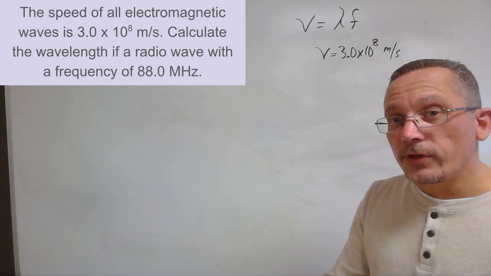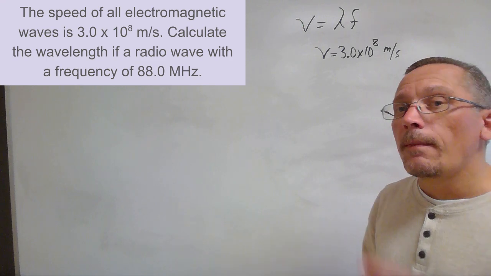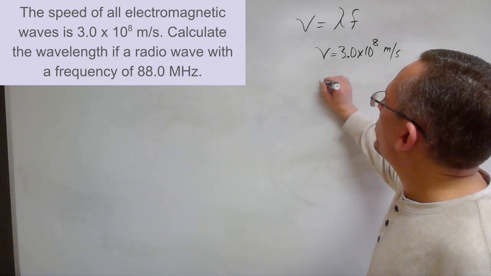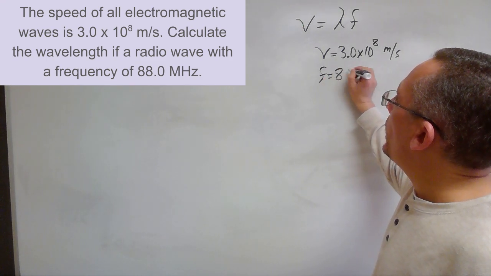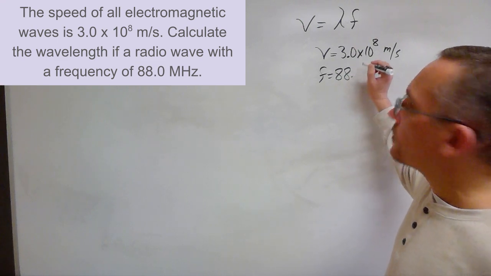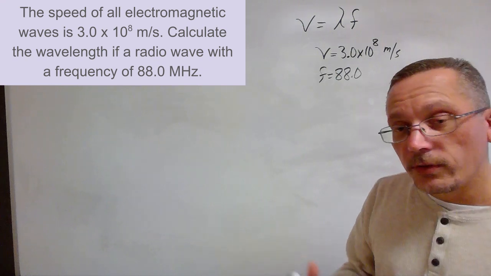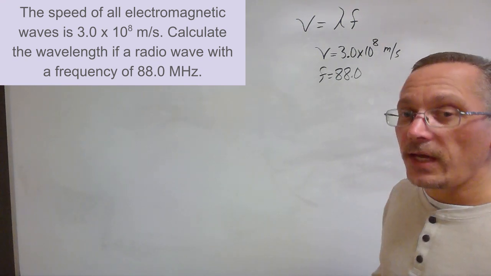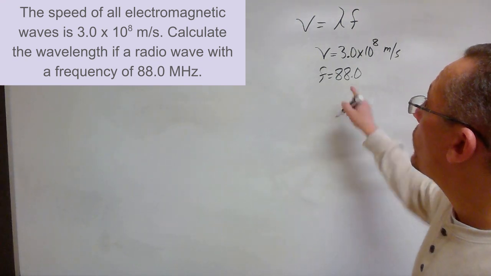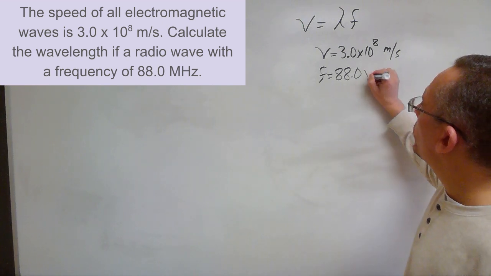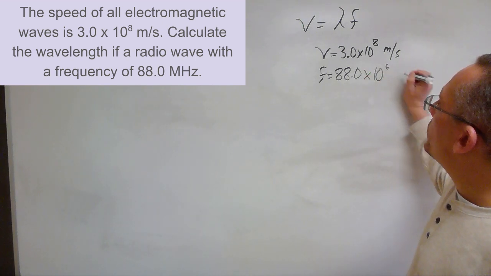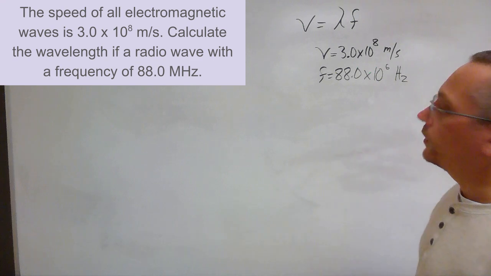And it tells me that its frequency is 88.0 megahertz. So the frequency, but I don't want to work in megahertz. I want to work in hertz. So, if you look up the prefix mega, mega means 10 to the 6th power. So I'm going to put 88.0 times 10 to the 6th hertz.